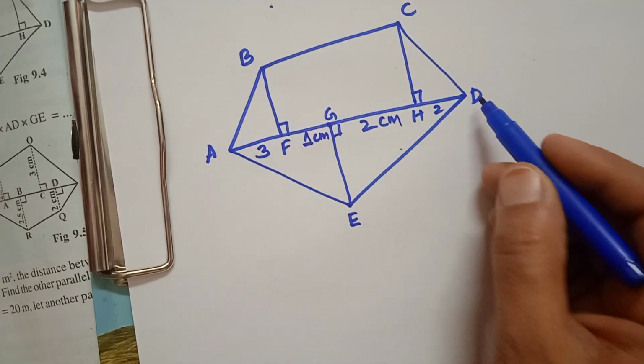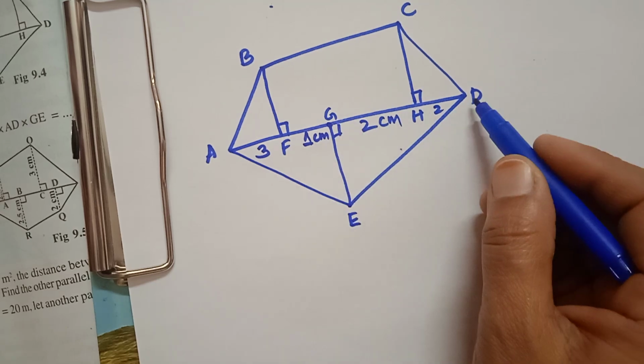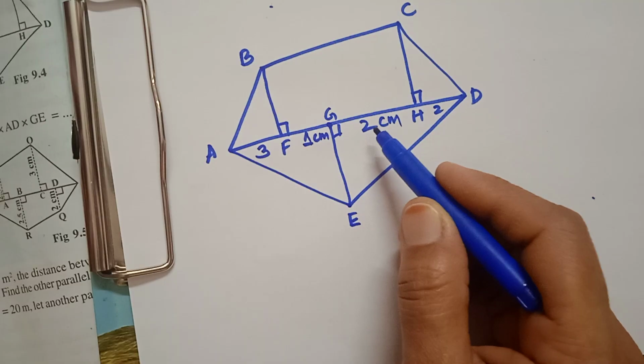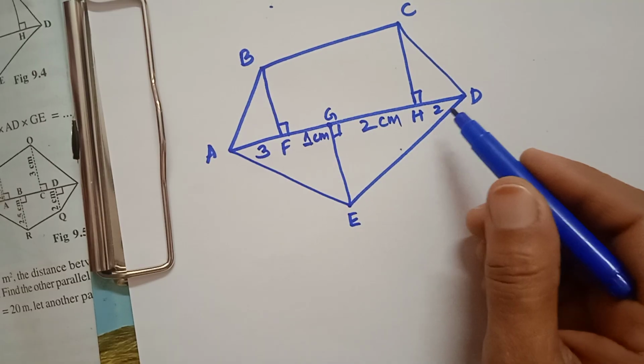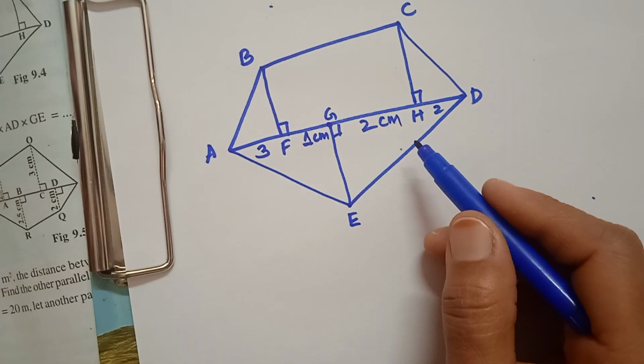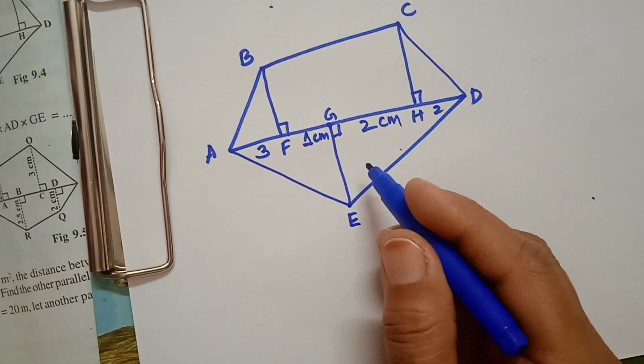AD is AF plus FG plus FH plus HD. That is 3 plus 1, 4. 4 plus 2, 6. 6 plus 2 again 8 centimeter. So whatever calculations we have done is correct. Total we are getting 8 centimeter. Understood this?